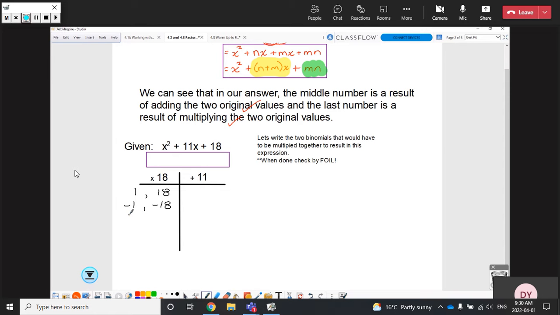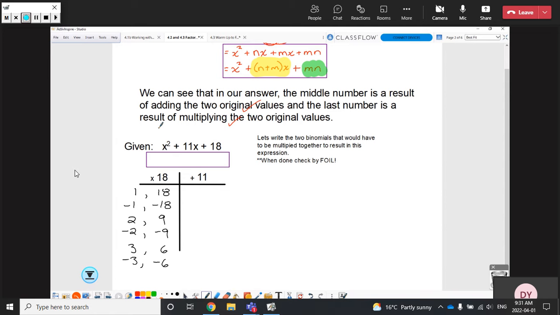Now how about 2? 2 times 9 is 18, and also -2 times -9 is positive 18. Is there a 3? Yeah, 3 and 6, and then that would be -3 and -6. And then we'll end up at 9 and 2 again. We kind of already have that because with multiplication, the commutative property means it doesn't matter which way you multiply, right? It could be 9 times 2 or 2 times 9, it's the same idea.